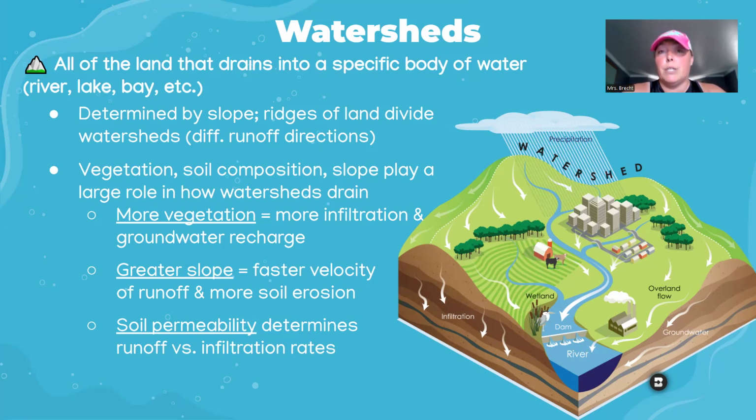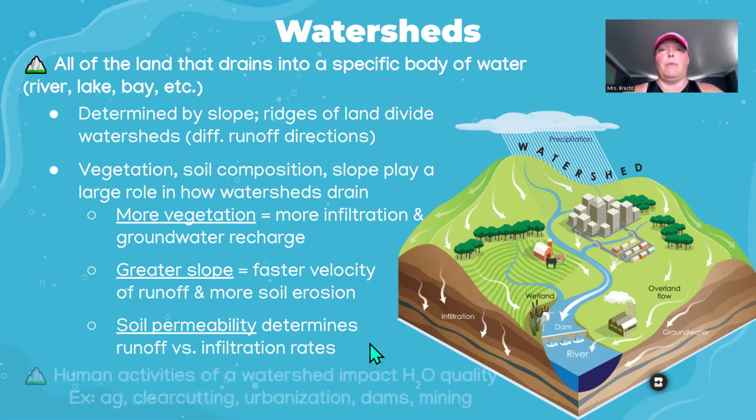So you might notice around here that it gets to a certain point with rain that the water stops absorbing into the soil. That's because we have low permeability, so the water doesn't easily filter through our soils. So those three things are going to impact watersheds as well as water running off, and also the health of our local streams and rivers.